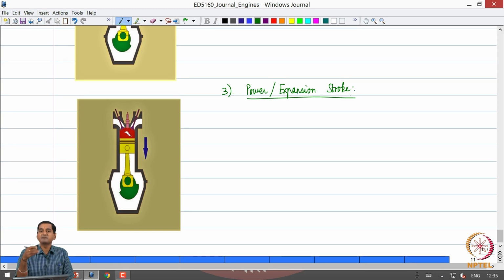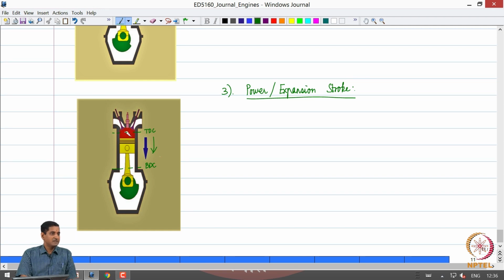So, the fuel air mixture combusts. Close to the top dead center the fuel air mixture is ignited and obviously combustion happens. We are going to generate a lot of thermal energy, high pressure gases that are going to push the piston down.